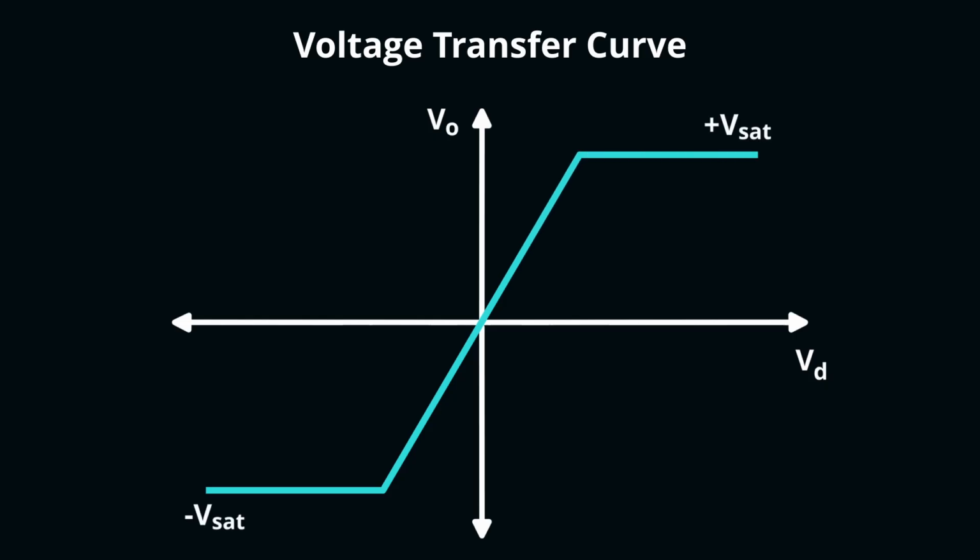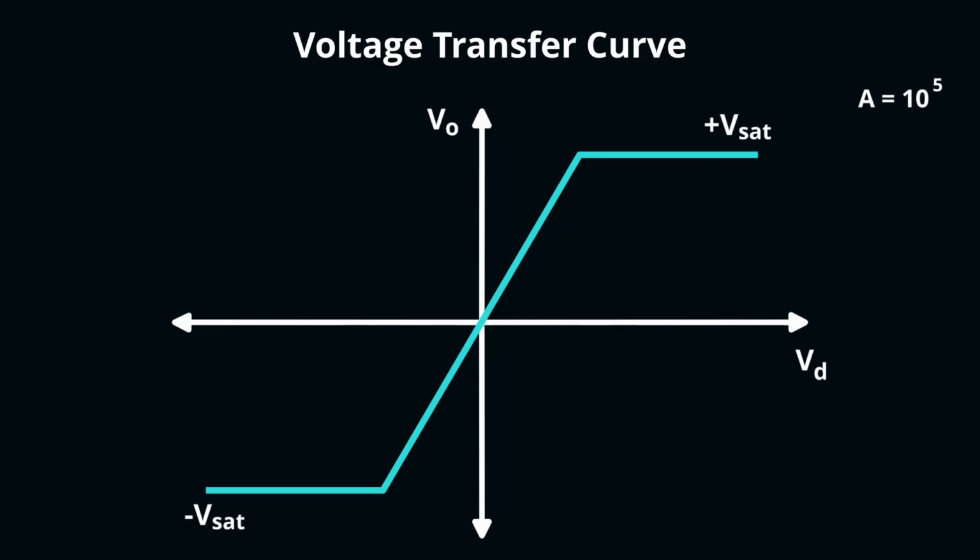Here on the x-axis, we have the differential voltage at the input Vd, and on the y-axis we have the output of the op-amp. The slope here is the gain of the op-amp. In this example, we will assume that this slope equals 10 to the power of 5. Or in other words, the gain of the op-amp is 10 to the power of 5. By the way, this gain is what you might typically see in a real op-amp.